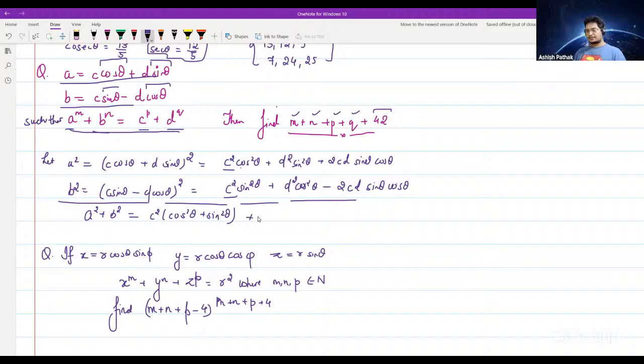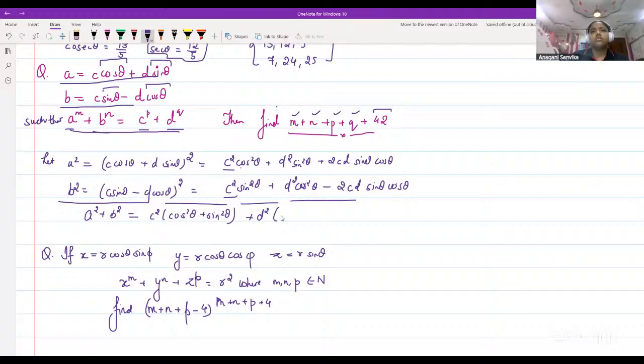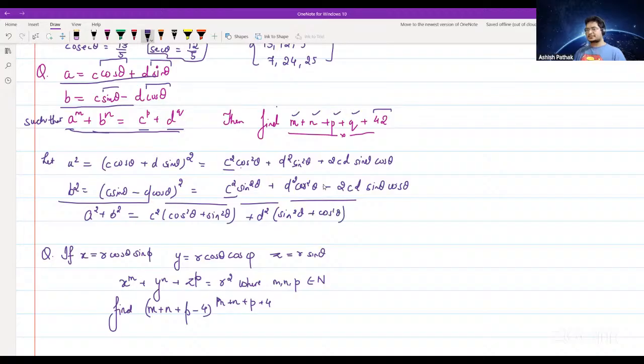For D, we will write D square times sin square theta plus cos square theta. And since 2 CD sin theta cos theta and minus 2 CD sin theta cos theta cancel, you will get C square plus D square. So A square plus B square is equal to C square plus D square. This is the relation that we are getting.